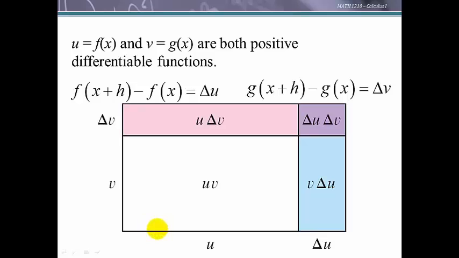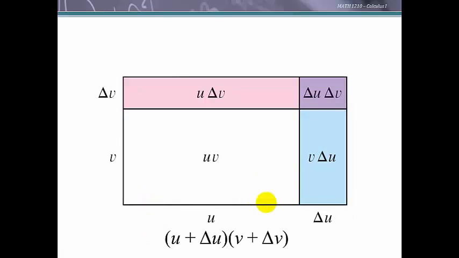So looking at this in terms of areas, we could see that the area of this whole thing would be u plus delta u multiplied by v plus delta v. Now we could express our little change in uv, and our change in uv would be this whole product, or this whole rectangle here, minus this original white piece.